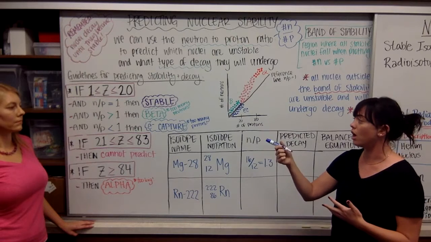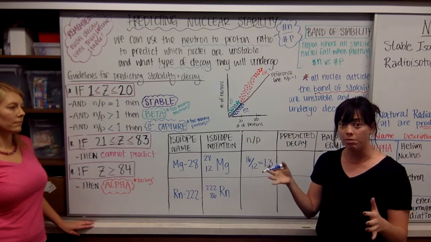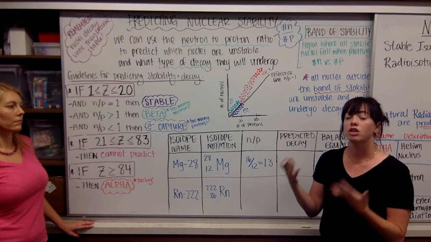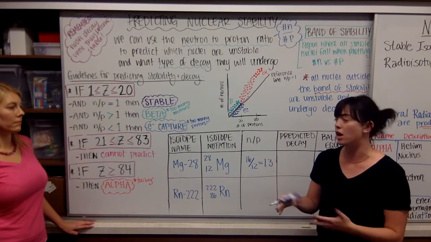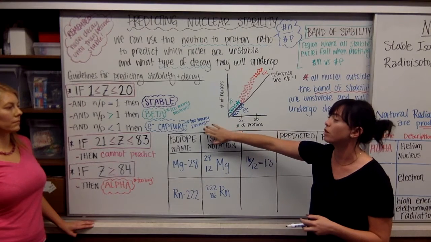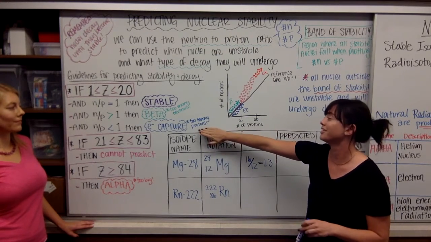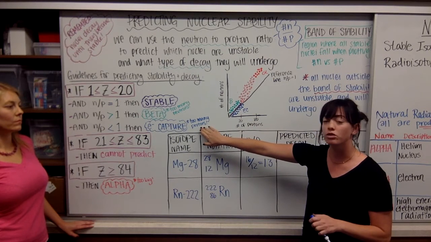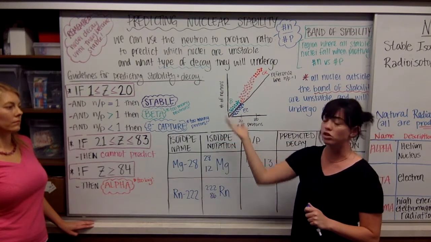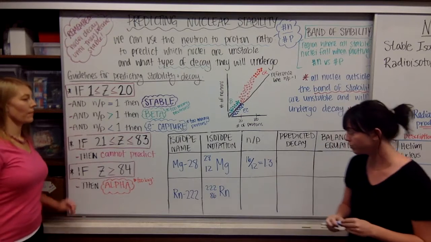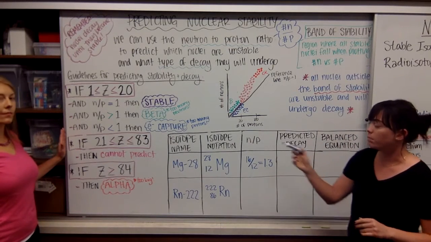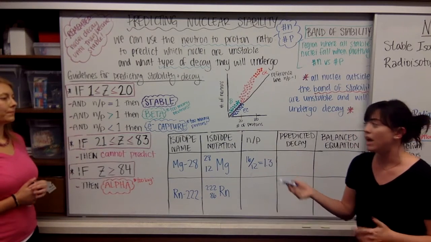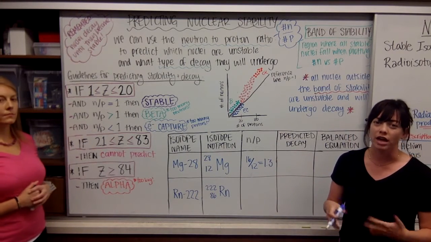And after a nucleus undergoes electron capture, it decays into something that has a lower atomic number, meaning that the neutron to proton ratio is going to get closer to 1 and become more stable.